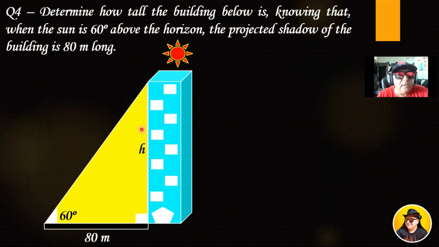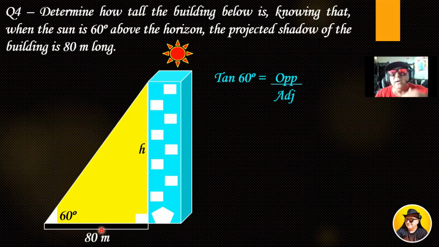Is this the opposite, or is this the adjacent side? What do you think? The angle is here. It is the opposite side. And 80 meters is the adjacent side. So what involves opposite and adjacent sides? Good, tangent. So our word problem here is a tangent of 60 degrees. So the opposite side divided by the adjacent side.